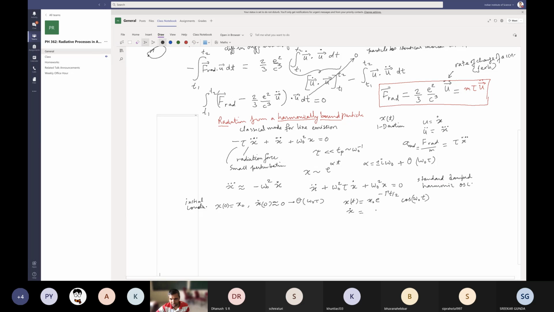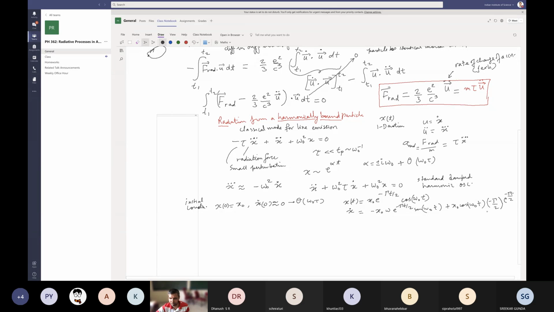One is a term with x naught omega naught e to the minus gamma t by 2 times sine omega naught t, and then there is a smaller term, plus x naught cos omega naught t times minus gamma by 2 e to the minus gamma t by 2.